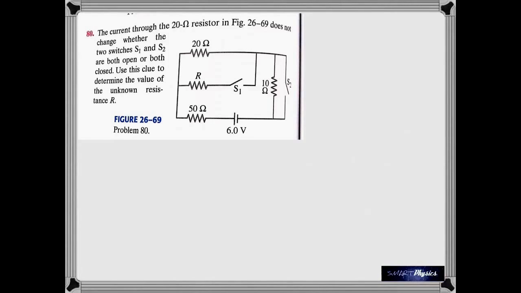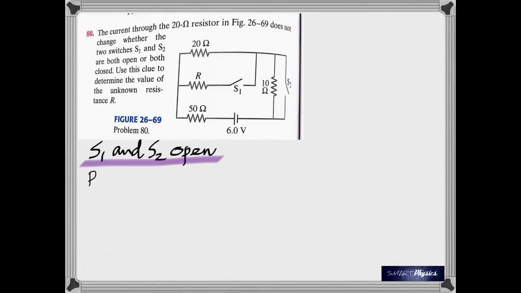Look at the circuit. It says if the switches are open or closed, both of them, the current through 20 ohms does not change. Got to find the resistance. Now first consider that S1 and S2 both are open.